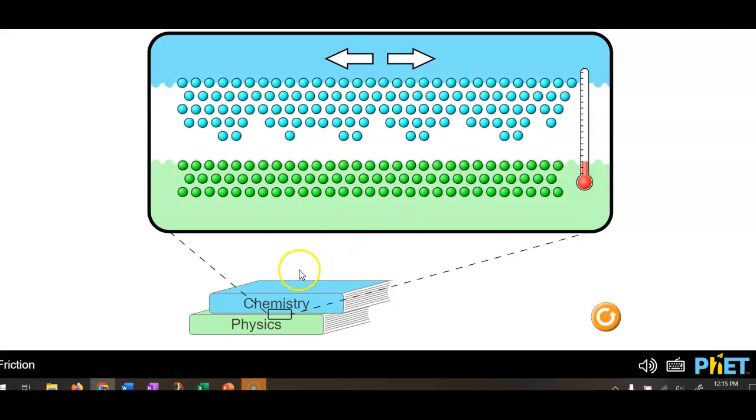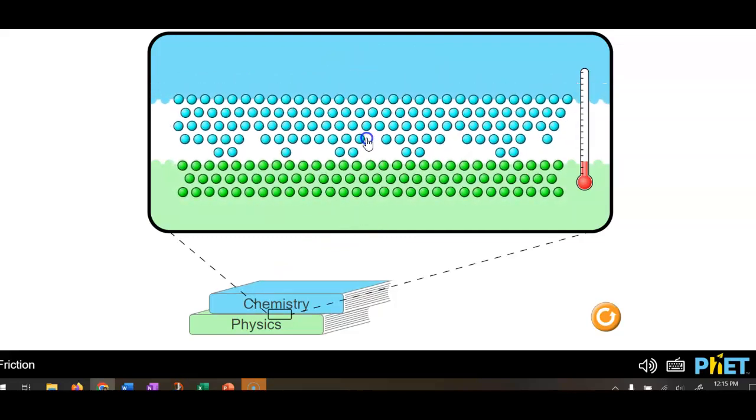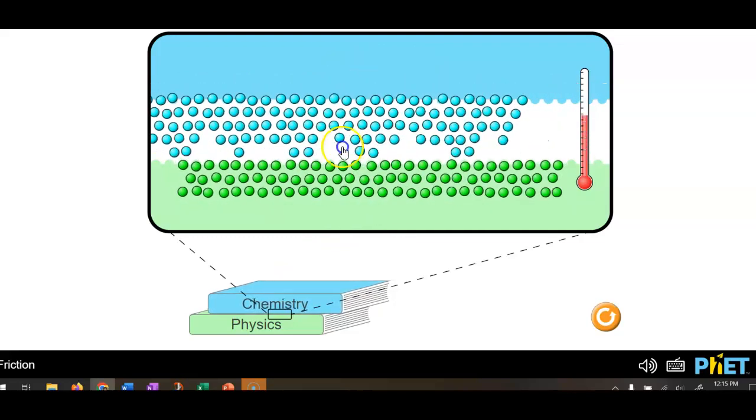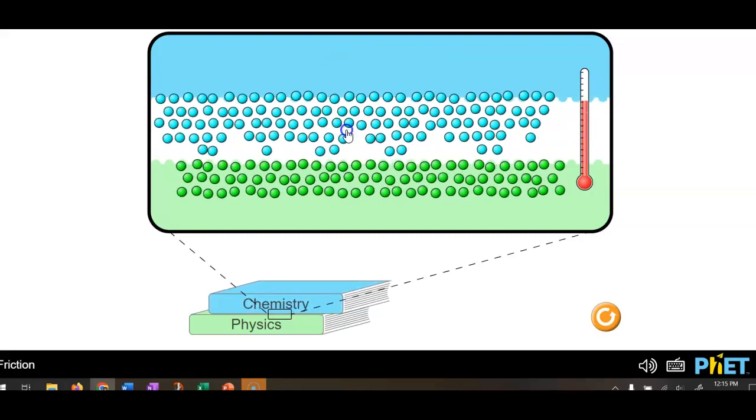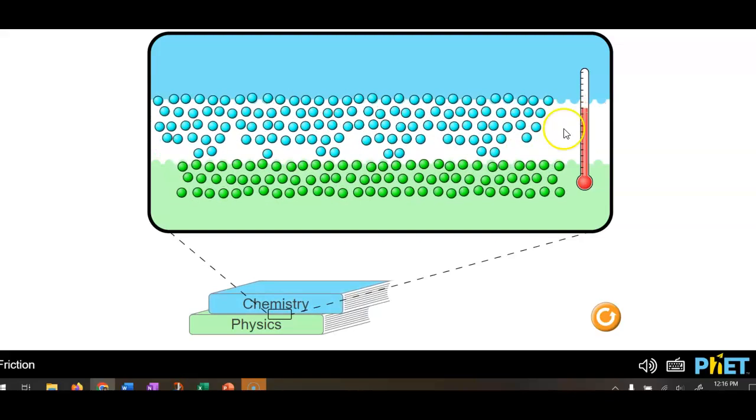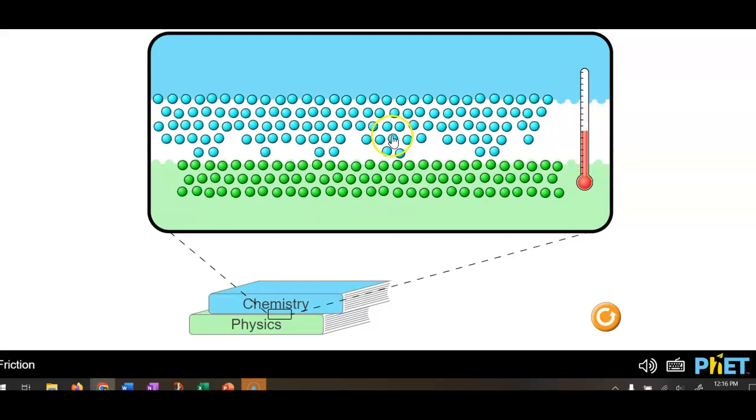But now I'm going to grab the chemistry book and make it move. It's going to touch the physics book and I'm moving them together. Oh my goodness, look. As I rub them together, do you see how the temperature is getting larger and larger? And look, they're moving so much faster until they cool off.